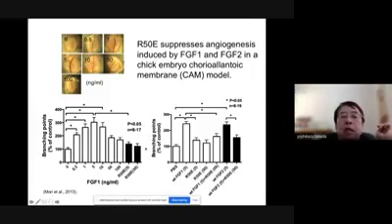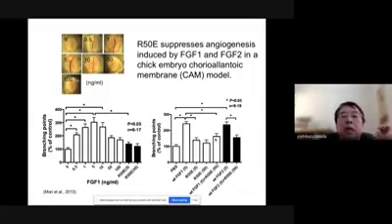When the mutant is added together with the wild type, this clearly suppressed the wild type's function to induce branching. So again the same conclusion. This is an anti-angiogenic agent.